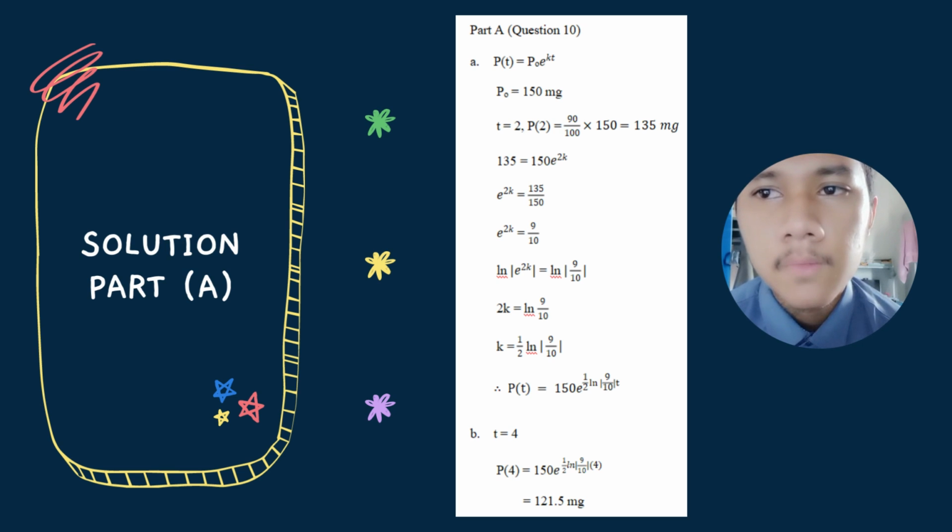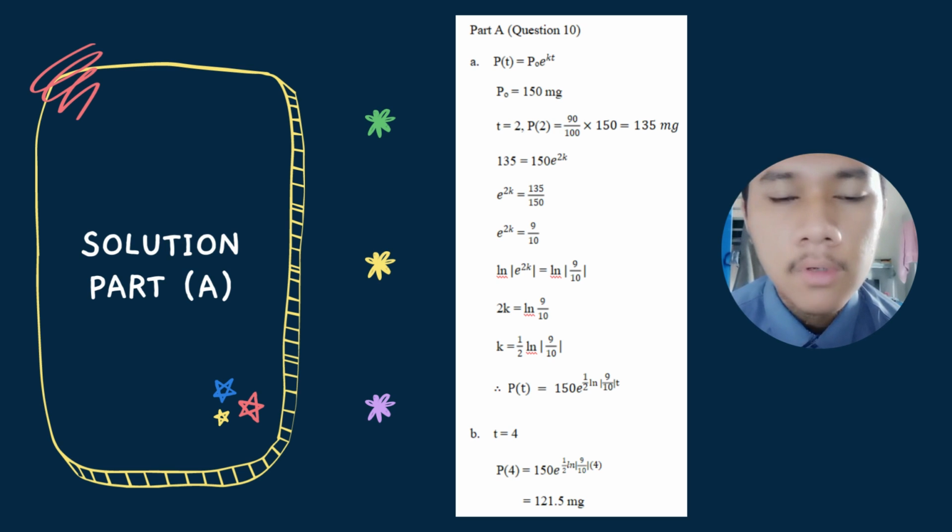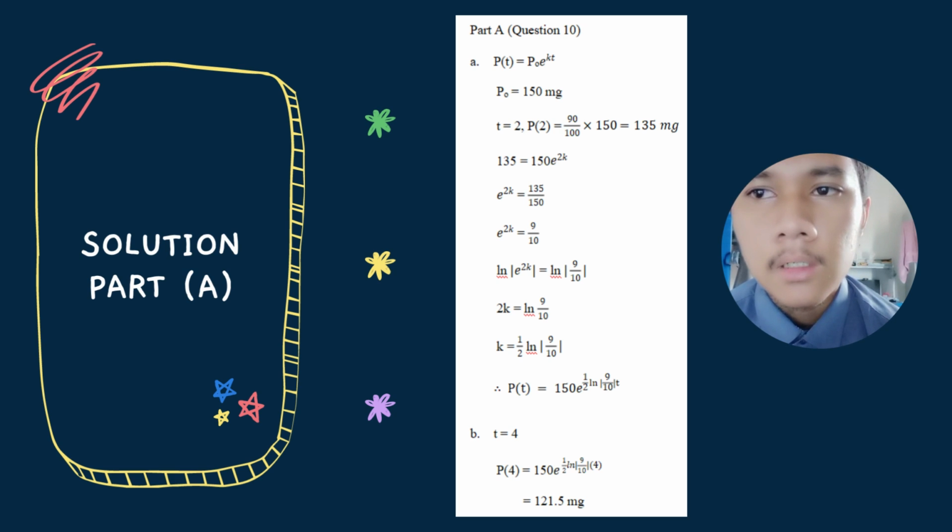Today I'm going to present about the solution of the problem in part A. So in part A, we choose question 10. The solution for the first question A is we need to find the P(t). In the question, t equals 2, so we need to replace it with 2.